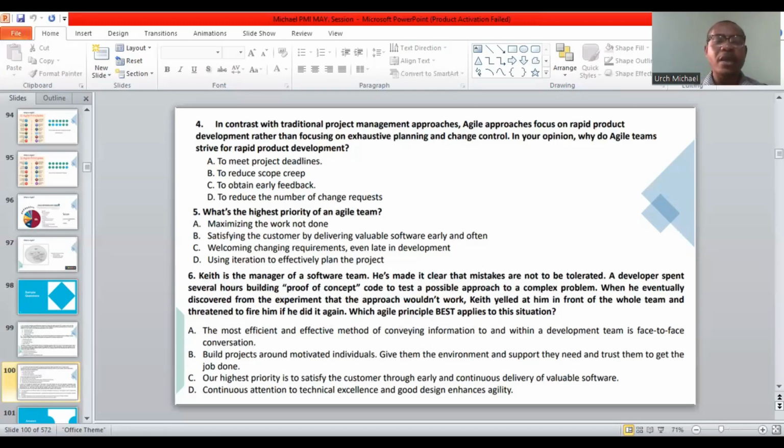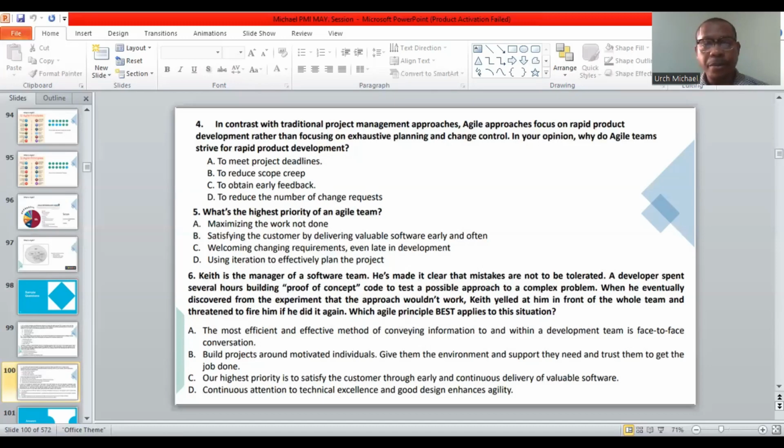The right answer is that the Agile team wants to satisfy the customer. The highest priority of any project is customer satisfaction. If at the end of your project you're not able to satisfy your customer or your clients, then your project is absolutely useless.